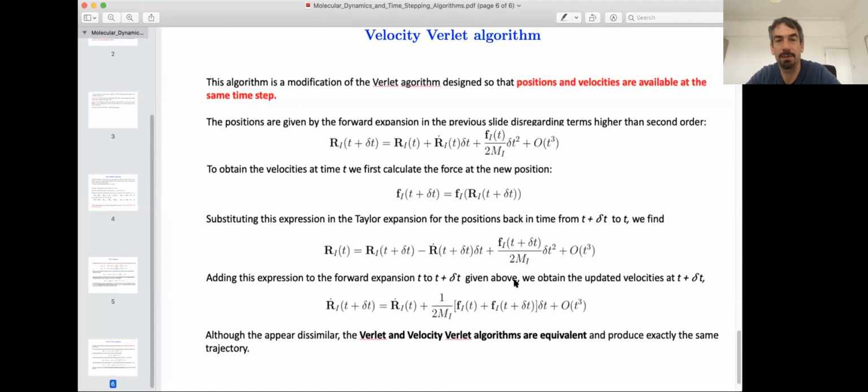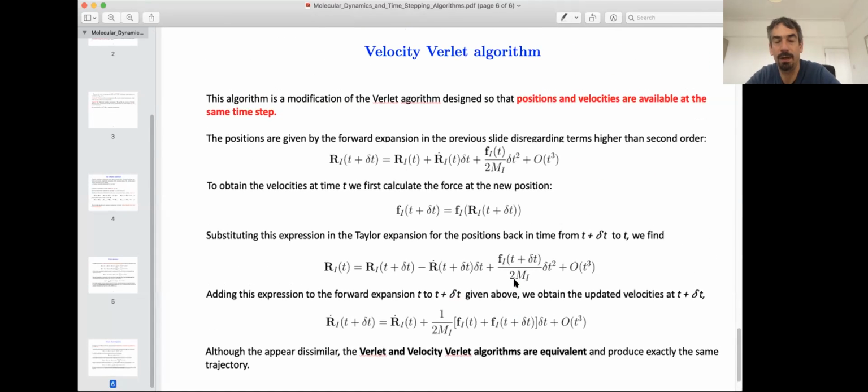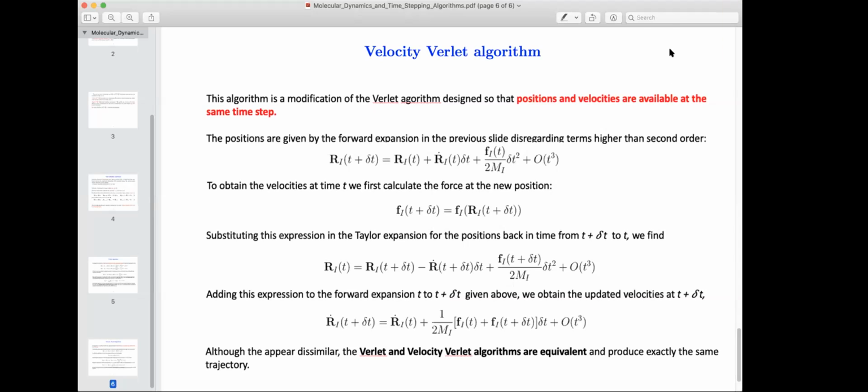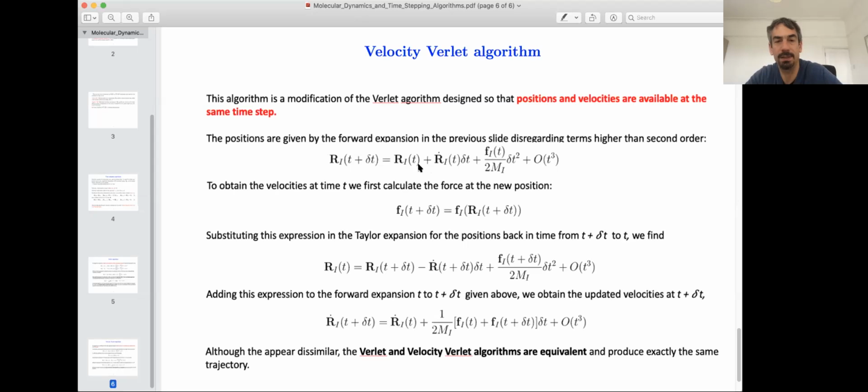Let's assume here. Okay, so do you see this slide, velocity Verlet algorithm? Yeah, I do. Right, so this is the time stepping algorithm that is usually implemented in most electronic structure packages like Quantum ESPRESSO, CP2K, or Gaussian, I guess, can also do that. So how does this work?